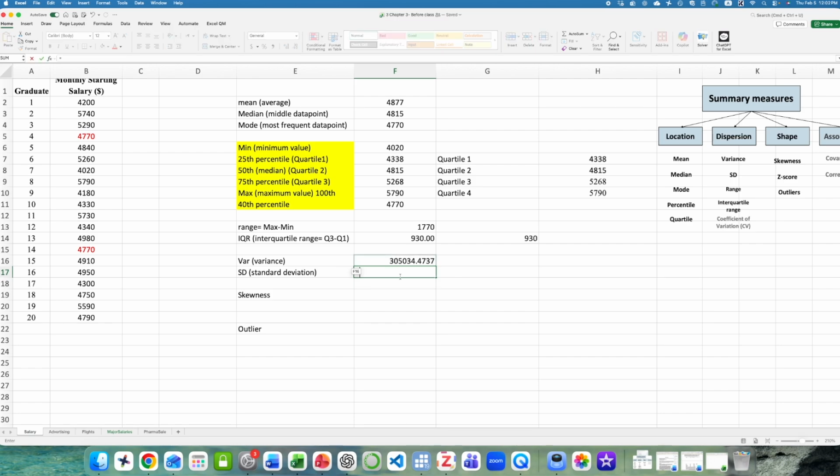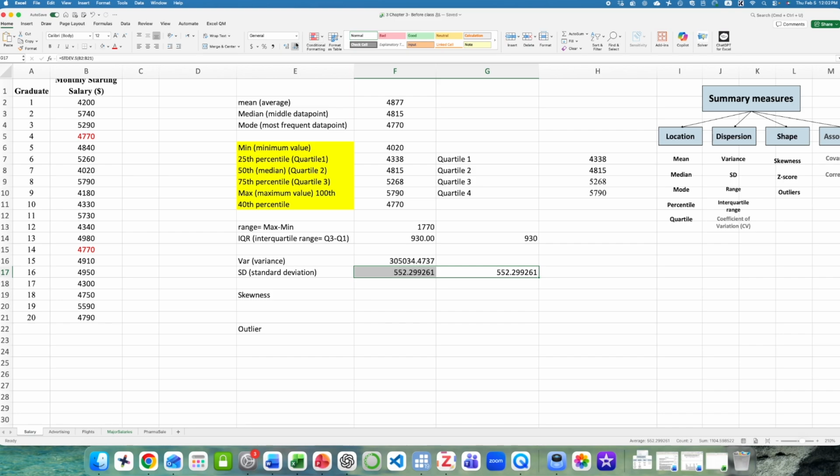You either use the SQRT function and then select the variance, or you can use STDEV.S, for the sample, because the data is obviously a sample, and you select your array of the data.